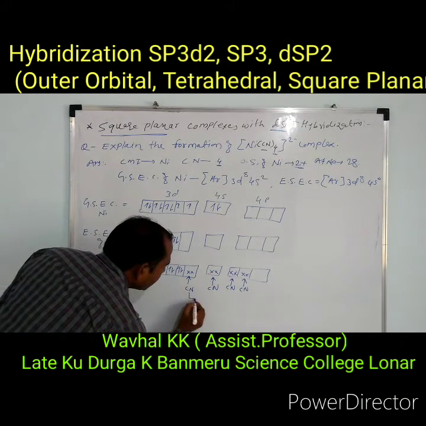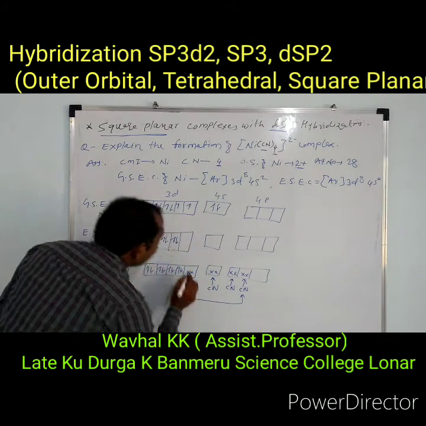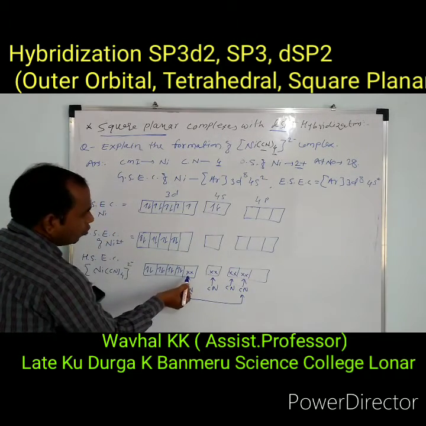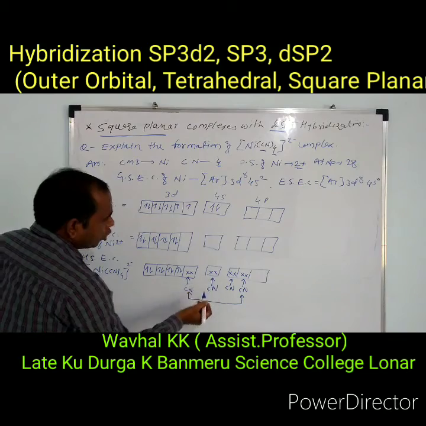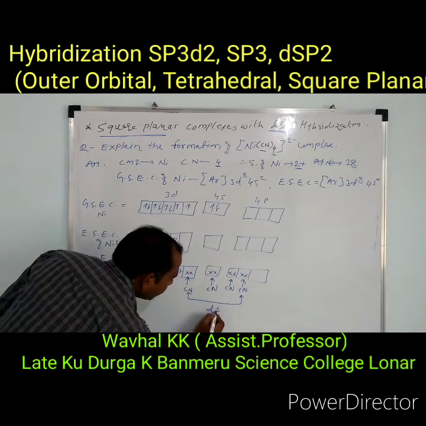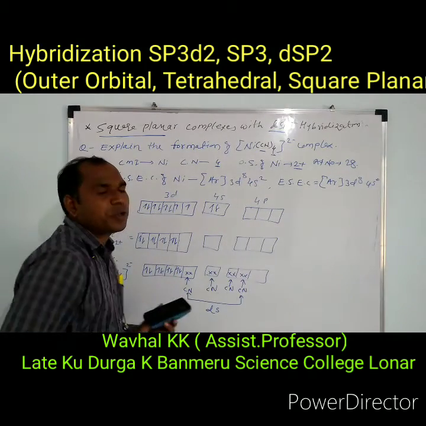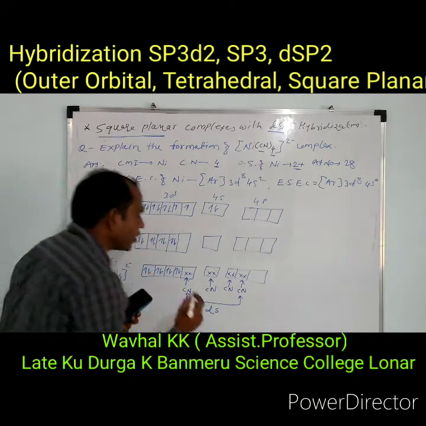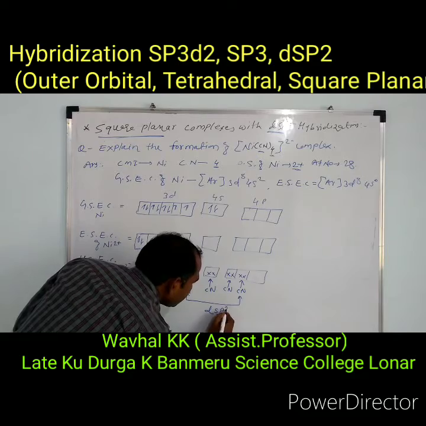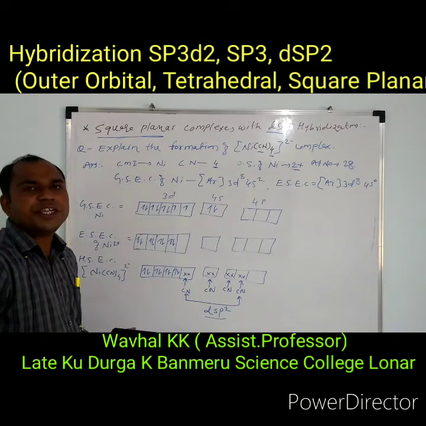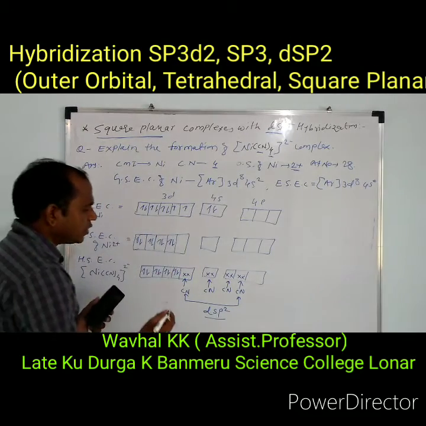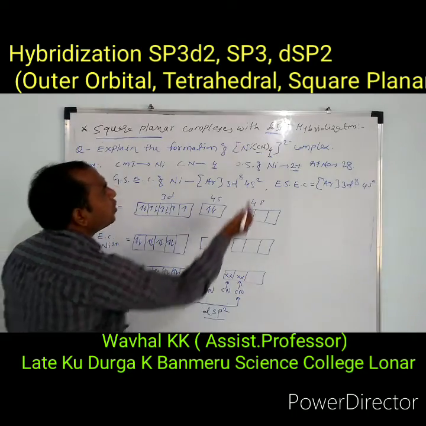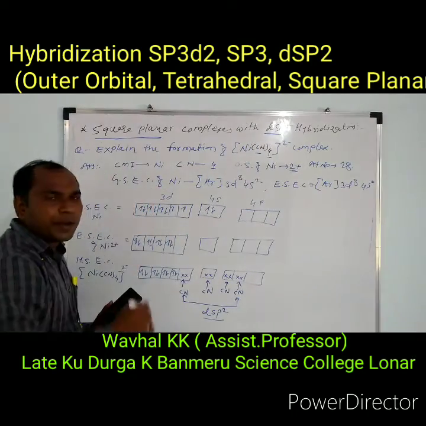One d orbital, one s orbital, and two p orbitals combine together and form the hybridization state. This shows dsp2 hybridization.